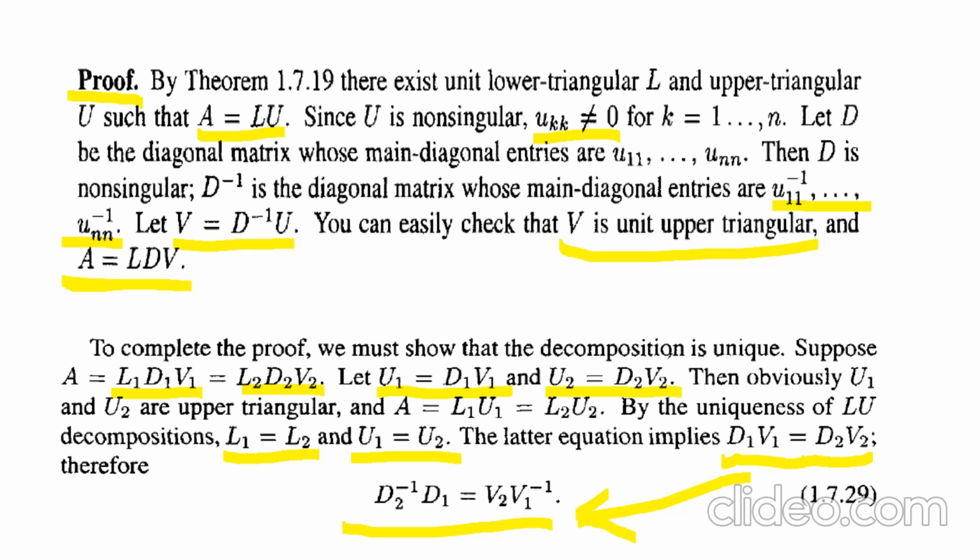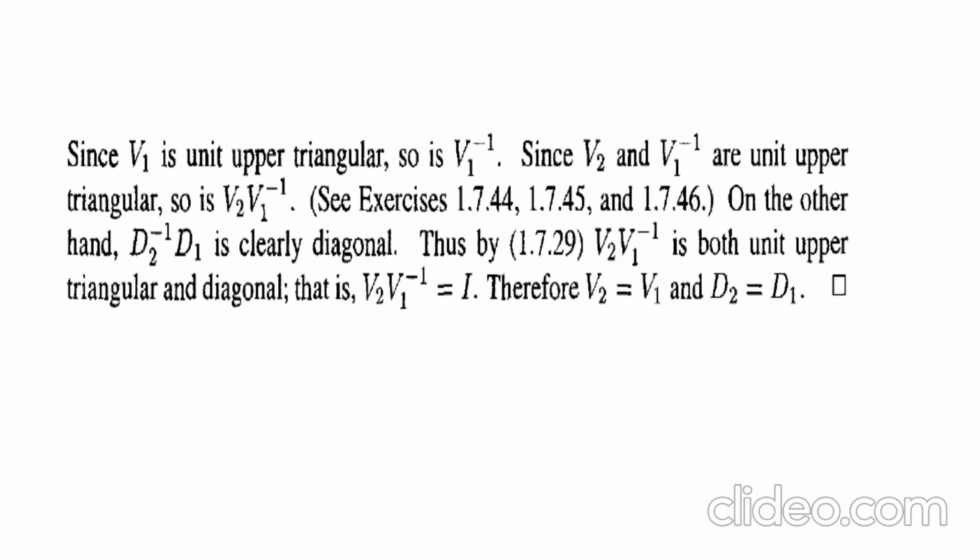Let's move ahead. Since V1 is unit upper triangular, so is V1 inverse. Since V2 and V1 inverse are unit upper triangular, their product is also.